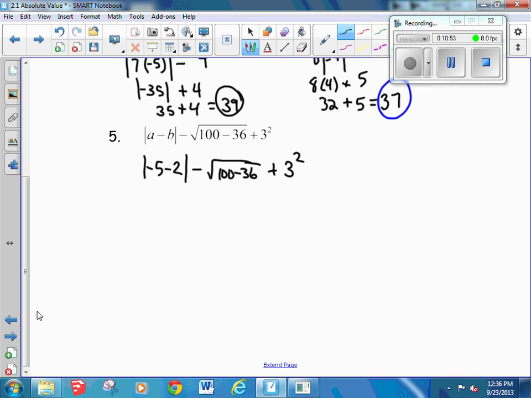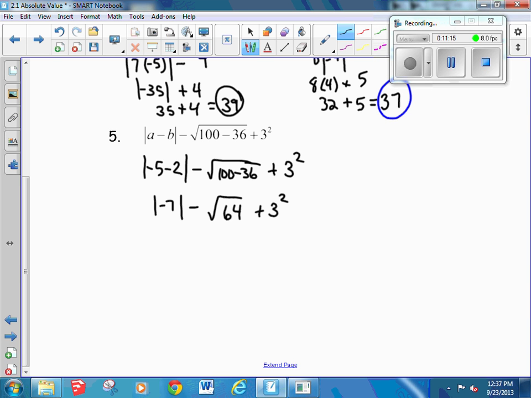So what's -5 minus 2 equal to? Darryl? -7. So this is the absolute value of -7 minus, what's 100 minus 36? Will? 64. Plus my 3 squared.